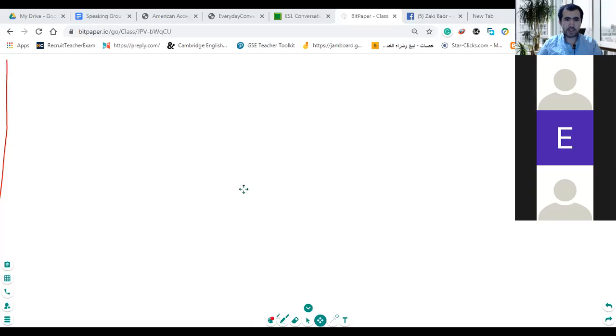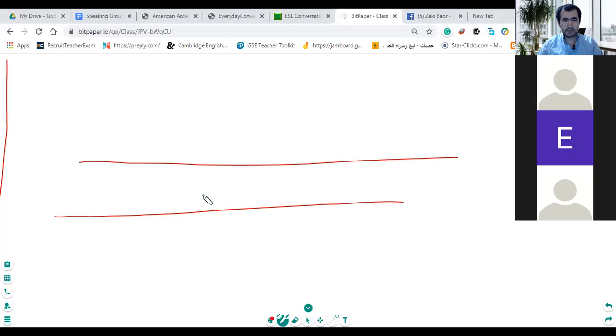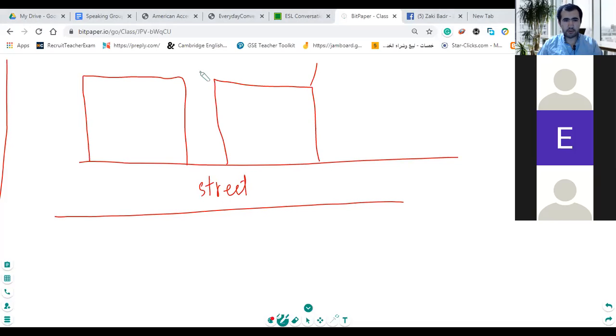For example, let's say this is the street. These are blocks. Block 1, block 2, building, and they just go around there. Block 3, for example.